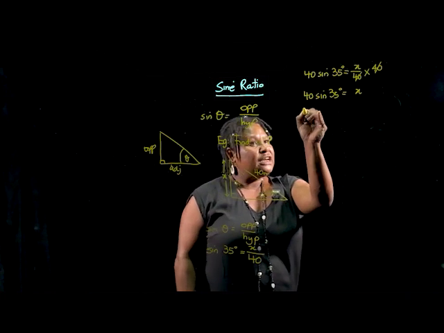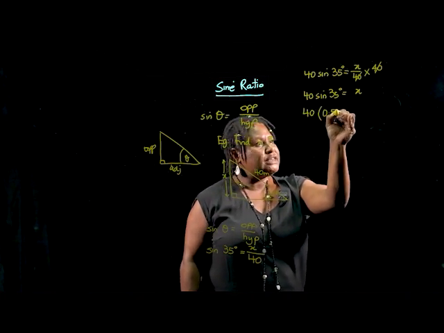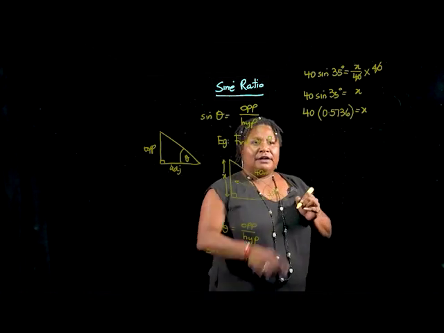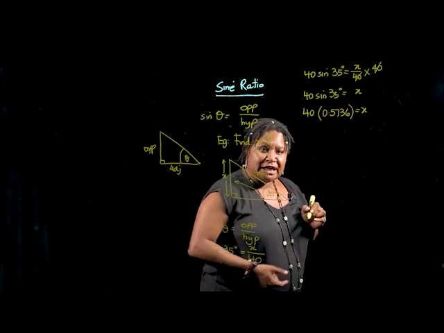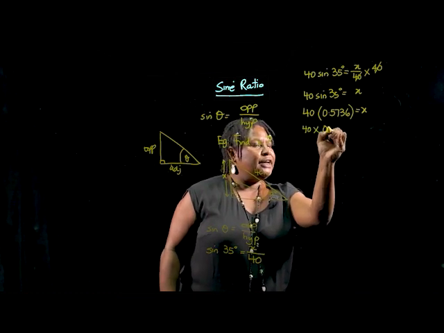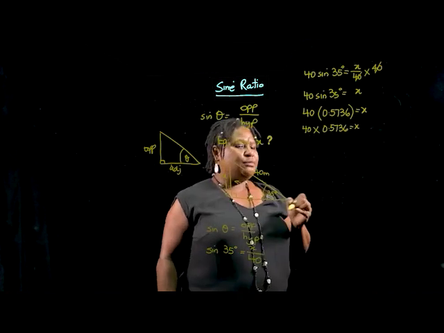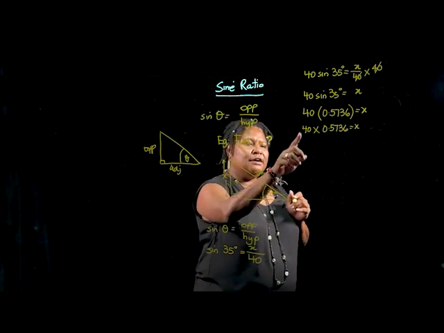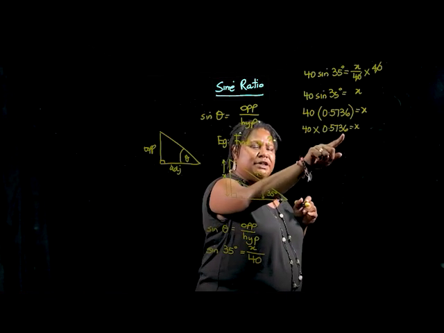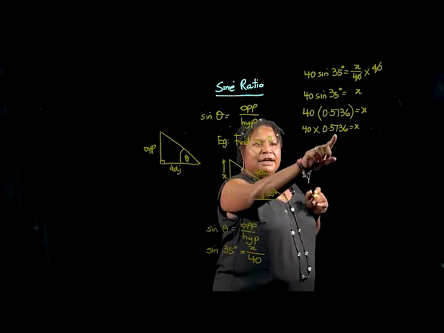So 40 is going to be multiplied by 0.5736. Now remember, anything in brackets indicates multiplication, so 40 will be multiplied by 0.5736 equal to x. Now be careful with the multiplication here, because you are now multiplying a whole number by a decimal number.